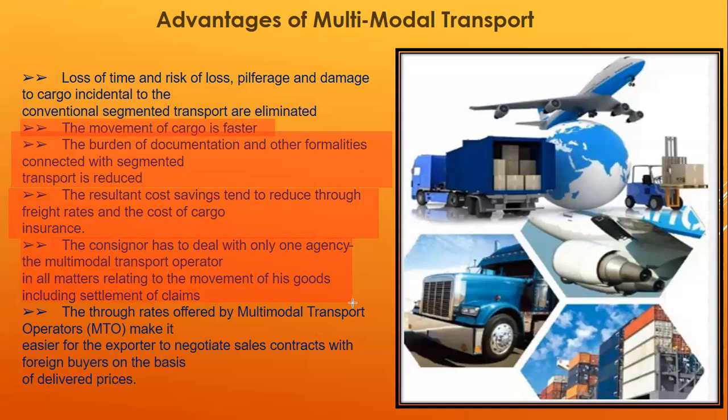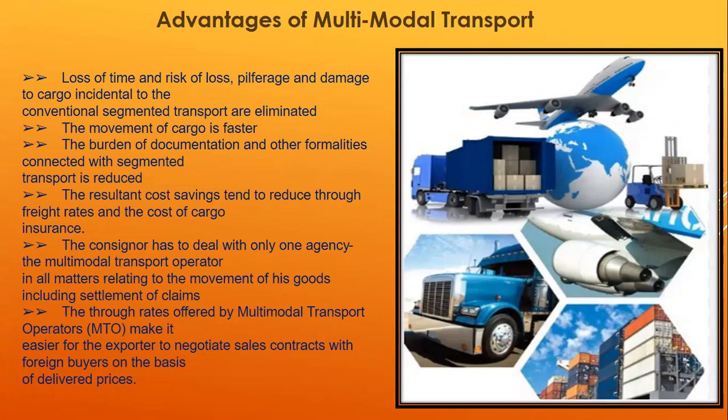Now the through rates offered by the multimodal transporter make it easier for the exporter to negotiate sales contracts with the buyer on the basis of delivery prices. When the multimodal transporters provide the freight, you can easily evaluate your costing at a single time. For example, you need to export goods from India to China on a CIF basis.